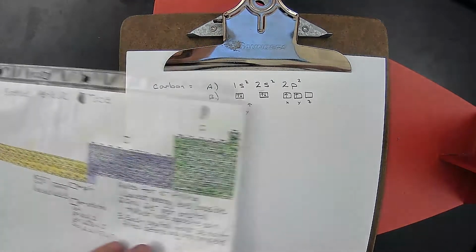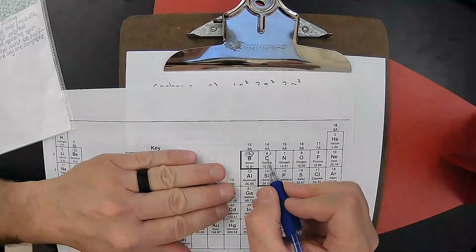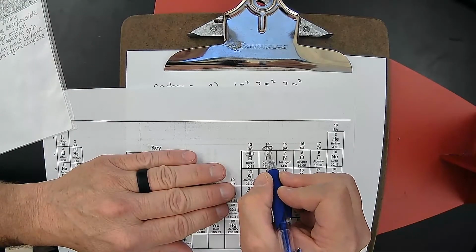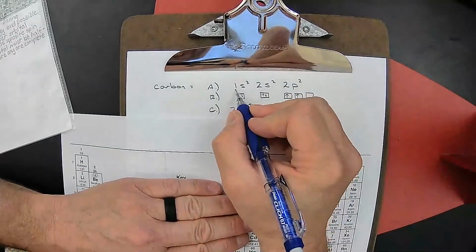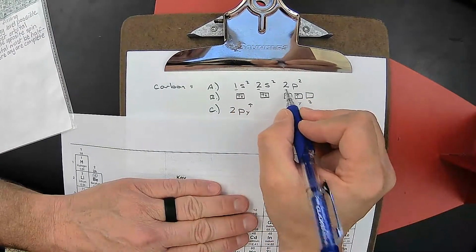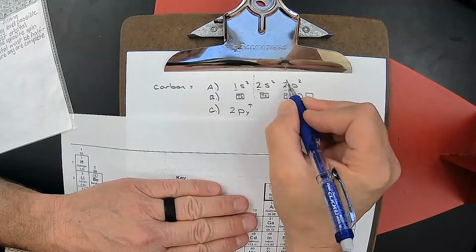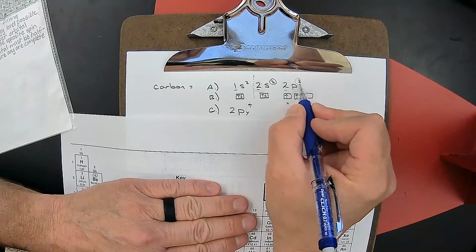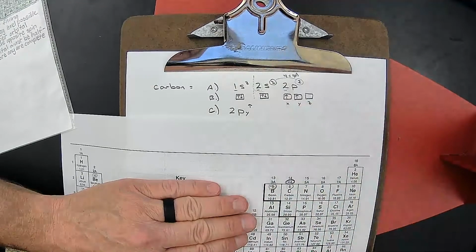The next element, and I also want to point out, carbon is in column 4A. Why 4A? Because it has 4 valence electrons, 4 outer electrons, 4 bonding electrons. So let's look here. Here's principal quantum number 1, here's 2. If I put a dotted line, the outer principal quantum number 2 has 4 electrons because carbon is in 4A.